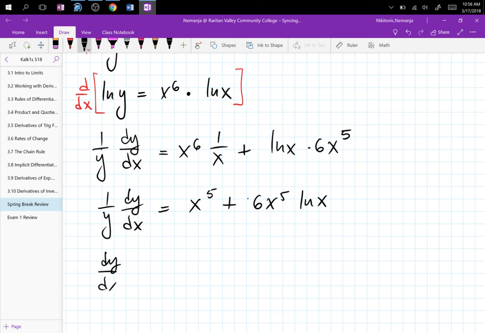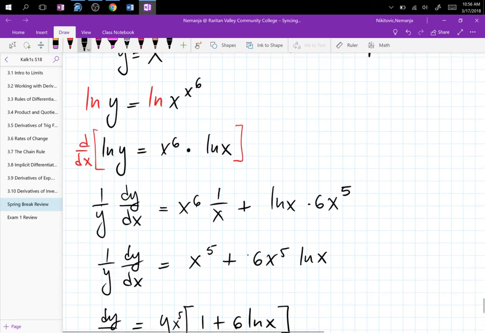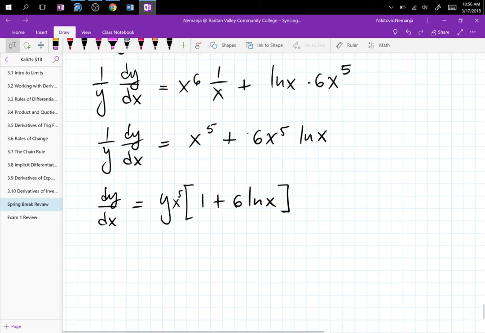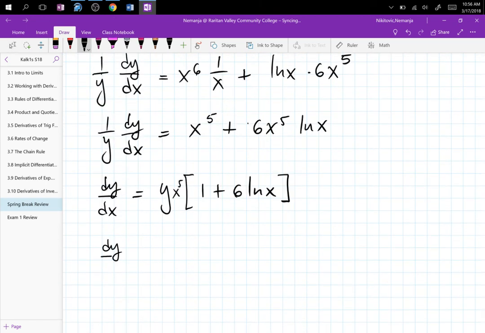So dy dx is equal to y times, you can kick x to the 5 outside and leave 1 plus 6 ln x. Now y was x to the 6, so the derivative is x to the 6 times x to the 5 times 1 plus 6 ln x.